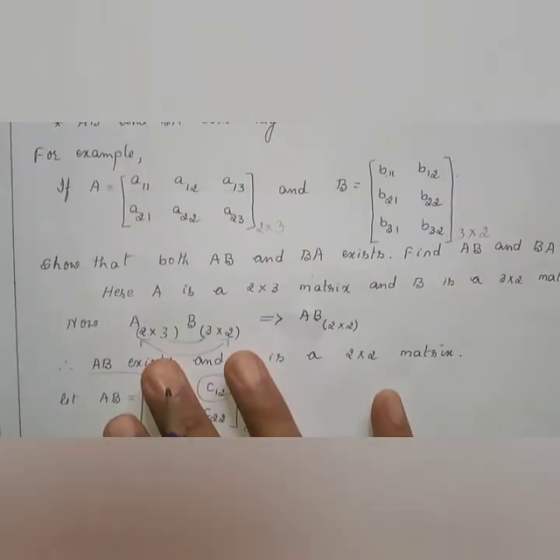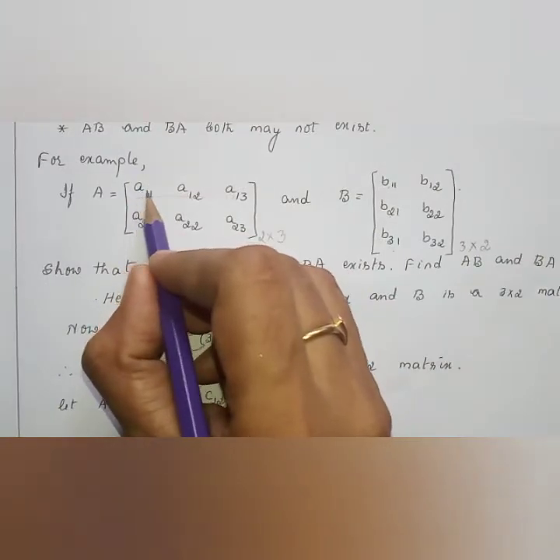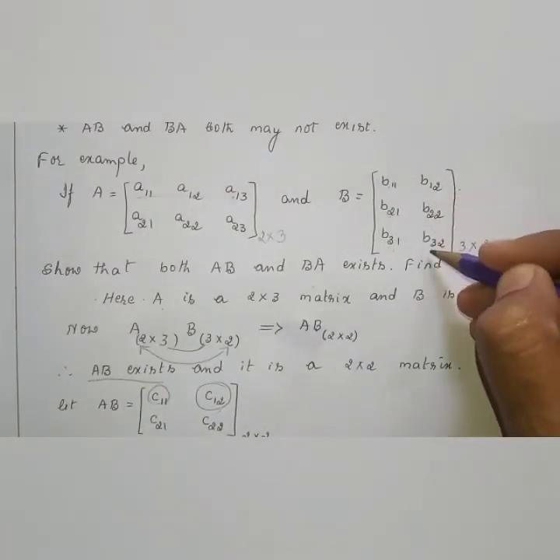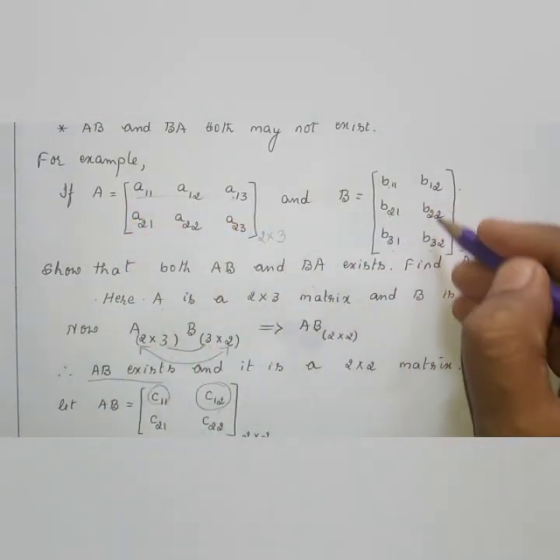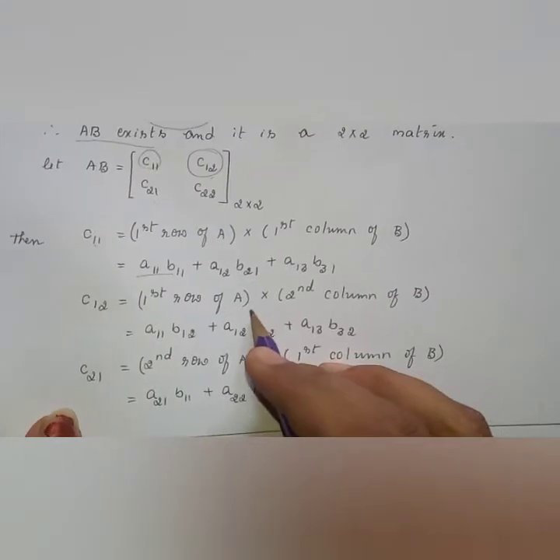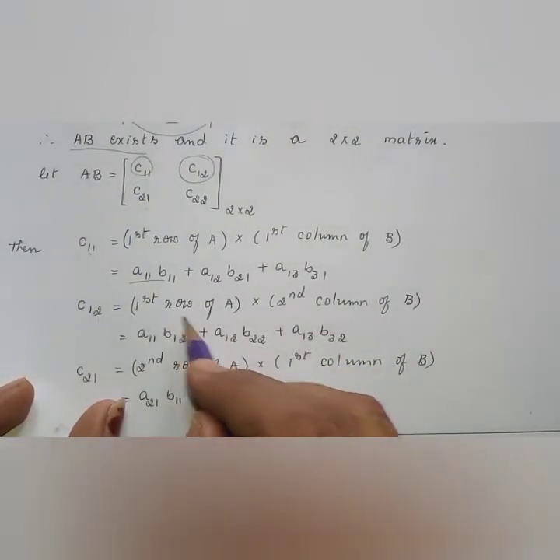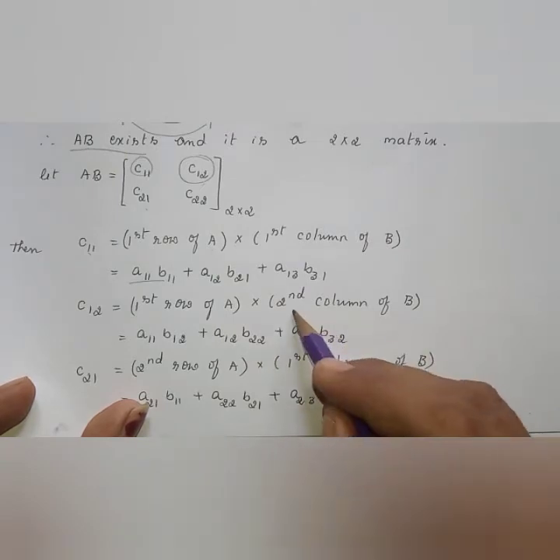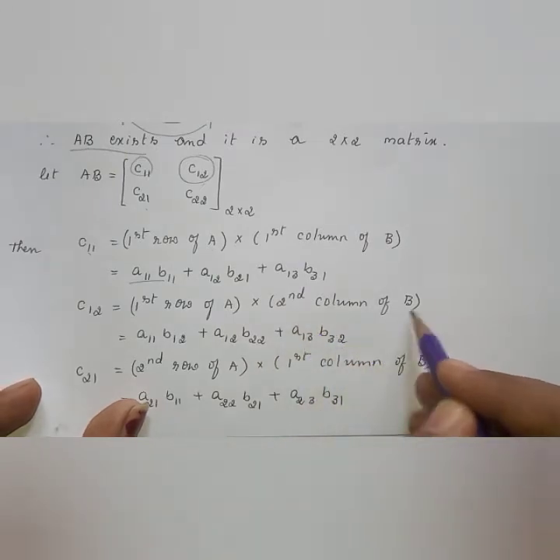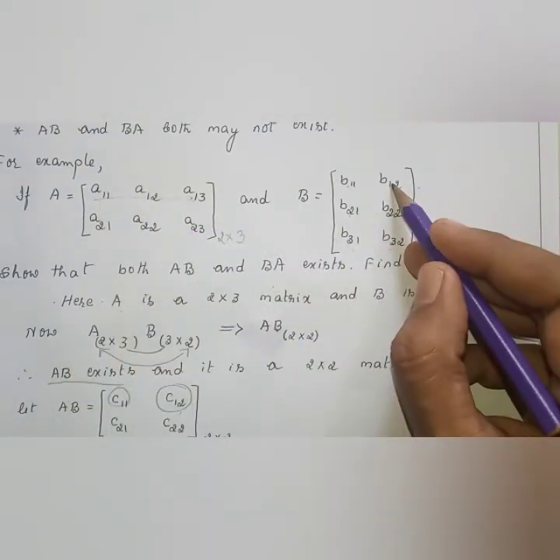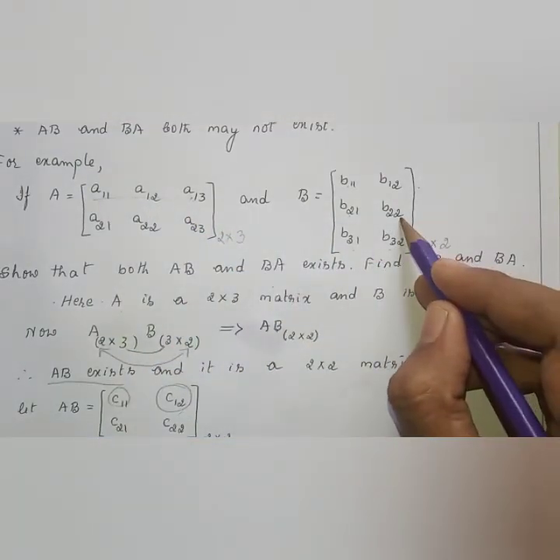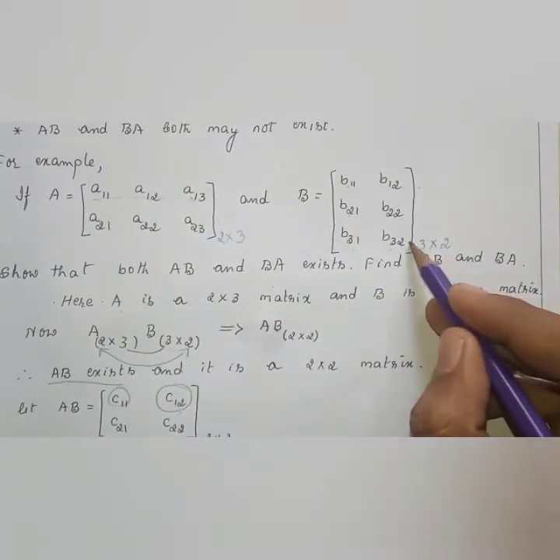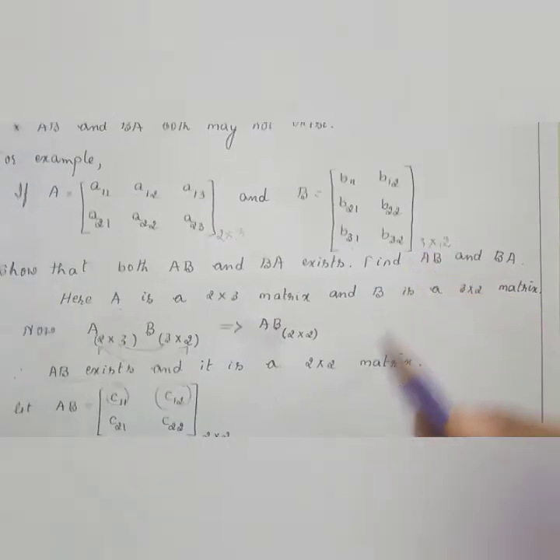Therefore, we multiply the entries in the first row of A with the second column of the matrix B. First row of A into second column of B. So A11 into B12 plus A12 into B22 plus A13 into B32. Okay, this is the entry.